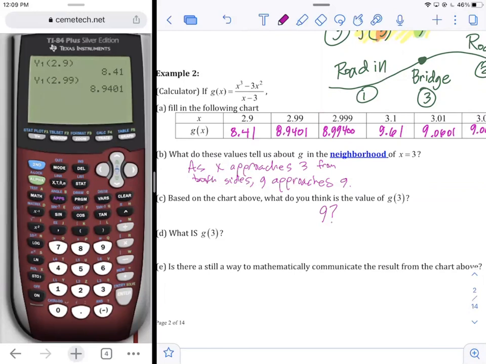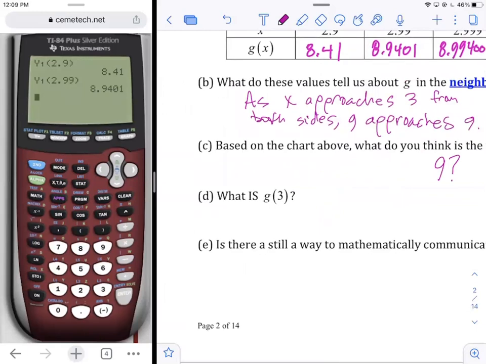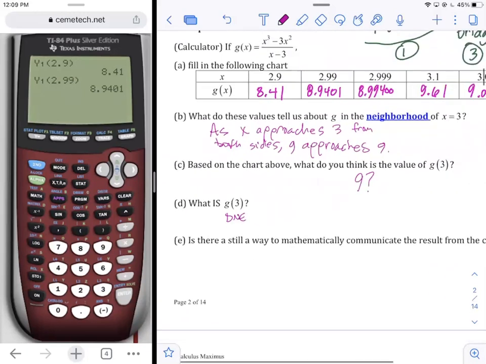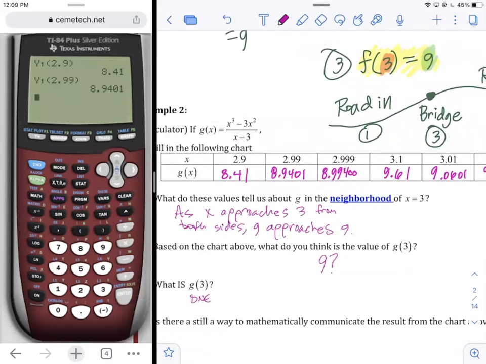So what is G of 3? We actually know G of 3 is what? It does not exist. We knew that from the very beginning, okay? Now, just to review from pre-cal, if it's a rational function like this, anything that makes the denominator 0 is for sure going to be a discontinuity, but it's going to be a hole or a vertical asymptote, okay?